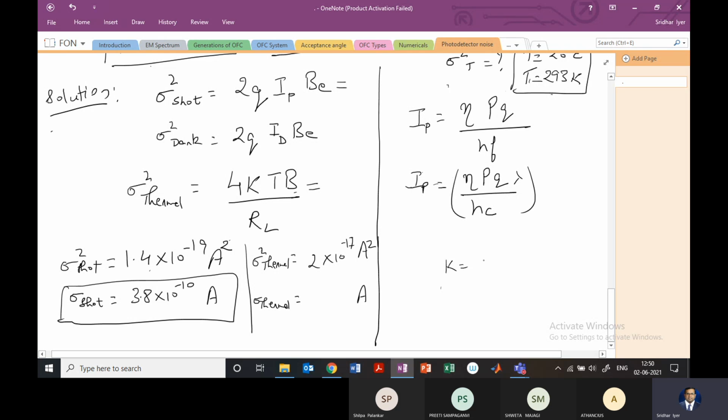The k value is 1.38 into 10 raised to negative 23. Temperature is there, B is there. RL is 4 kilo ohm. Okay, yeah, I get 2 into 10 raised to negative 17. Yes, sir. Okay, and then when I find the square root, I get 4.5 into 10 raised to negative 9.